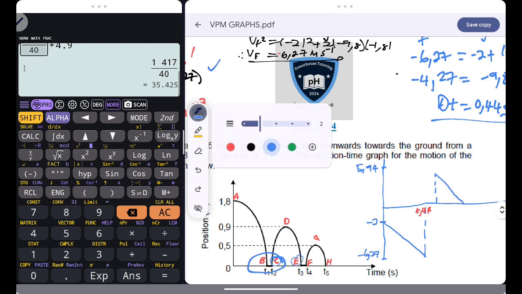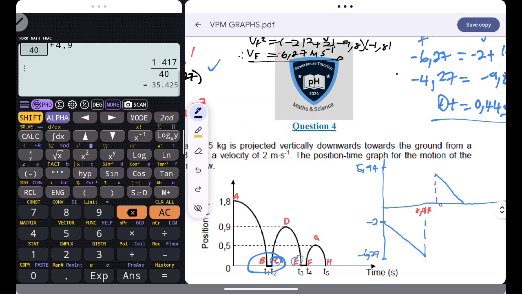And the time over there, the ball left the ground at 0.46 seconds. Remember that the time difference has to be 0.2, so it has to be 0.64. 0.44 plus 0.2, yeah, 0.64.